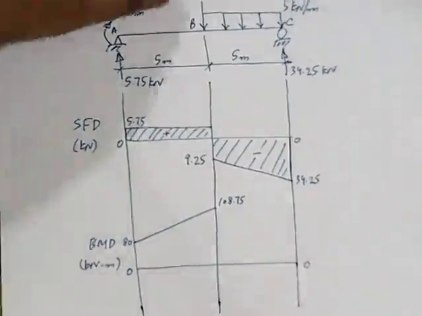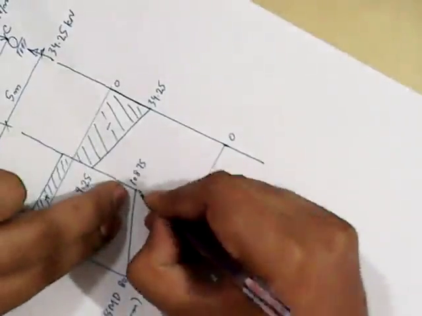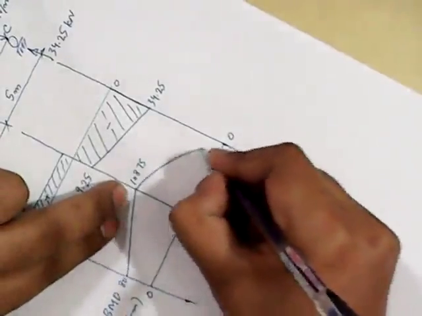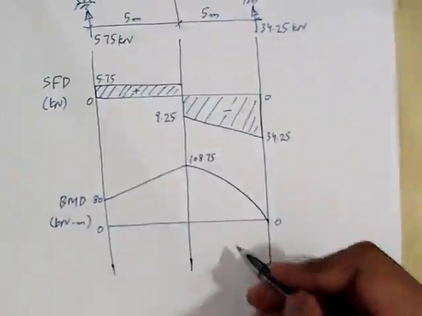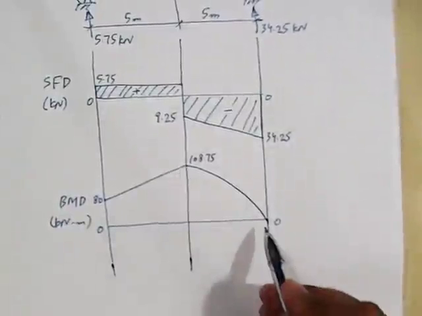And how can we draw such a line? This is a second degree line whose slope is increasing from this point to this point.